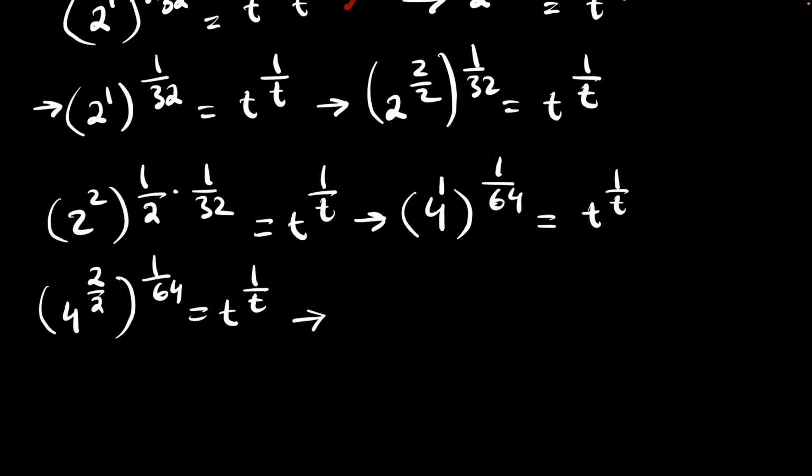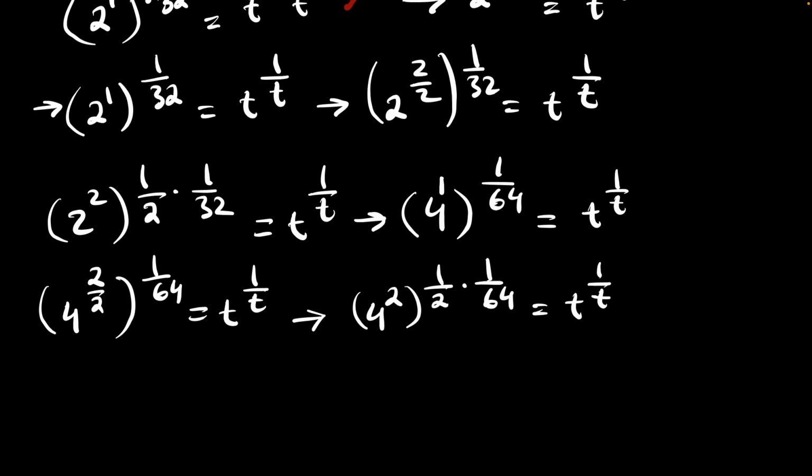And then I'm gonna keep the numerator and multiply the denominator by 64 again. So I'm gonna keep the numerator 2 and 1 over 2 times 1 over 64, which is t to the 1 over t. So again, 4 to the 2 is 16.